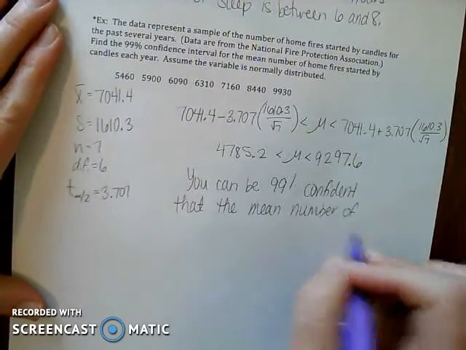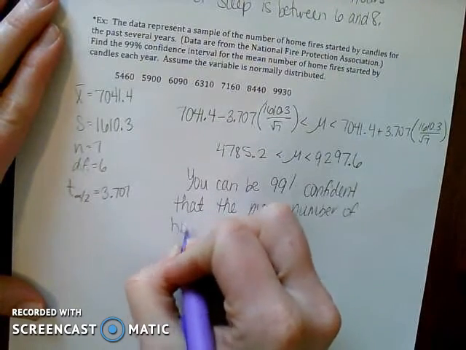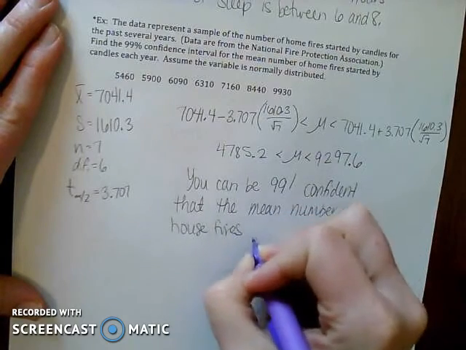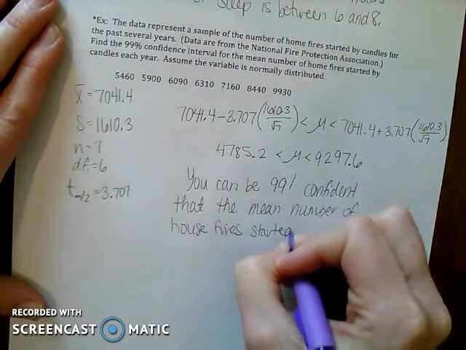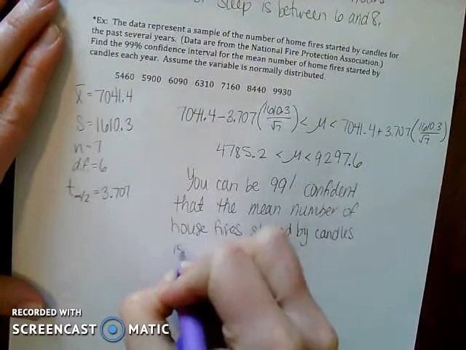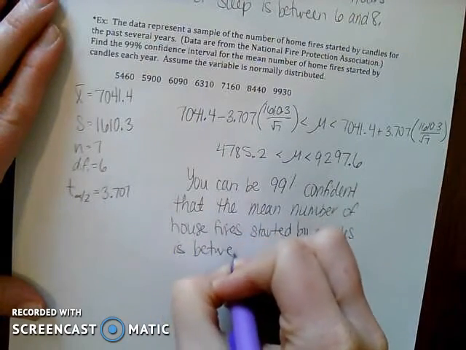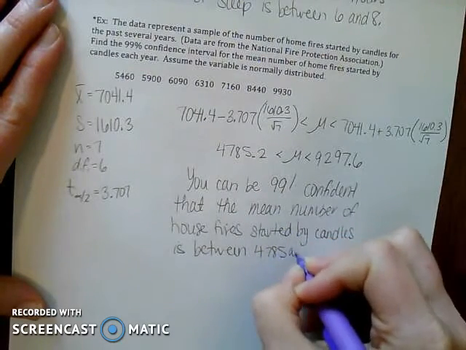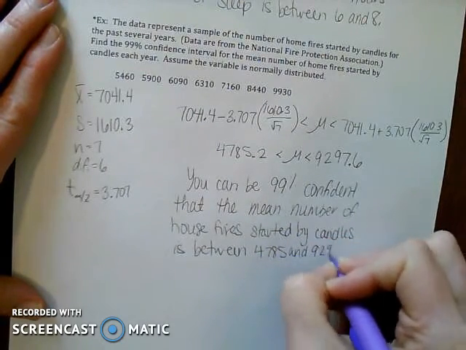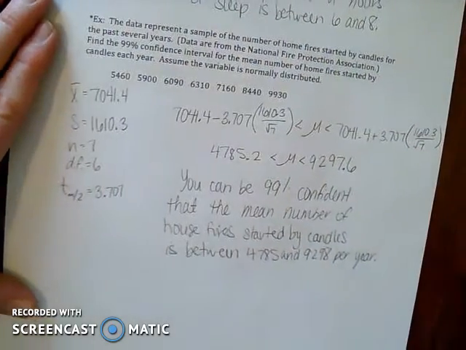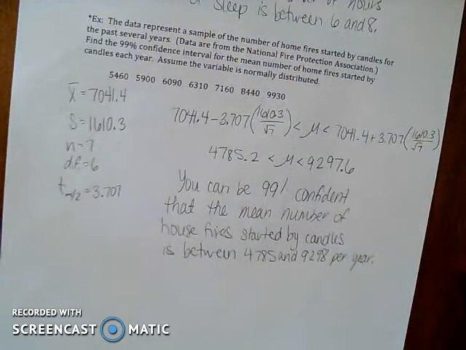Yeah. The mean number of house fires started by candles is between 4785 and 9298 per year. That's a lot of house fires. Okay, that's it. There's chapter 7.